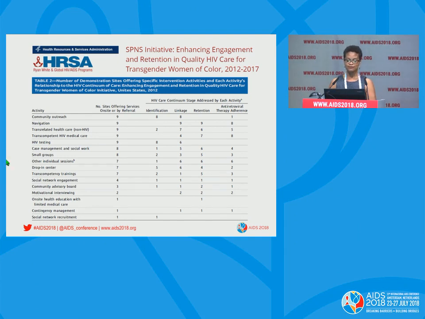And you can see they had a variety of different interventions undertaken by these 9 organizations, from community outreach to peer navigation, individual behavioral change sessions, HIV testing, motivational interviewing. But what you might notice is there aren't structural interventions explicitly listed here.